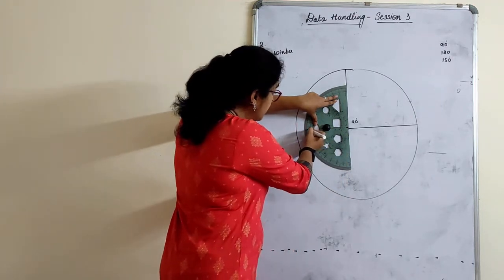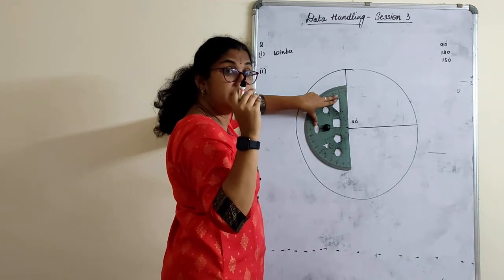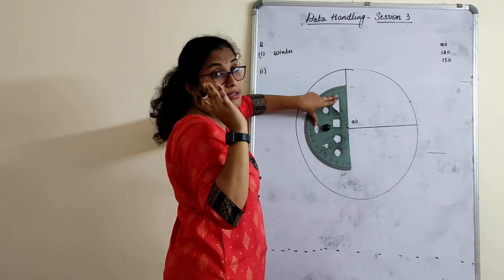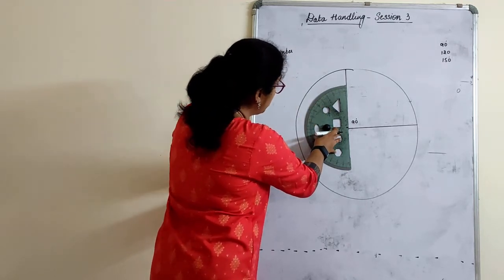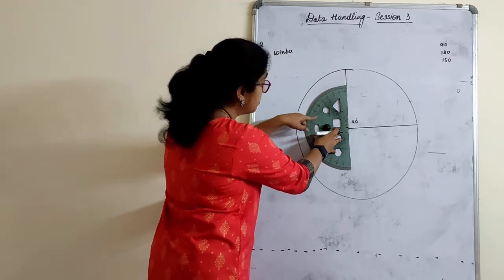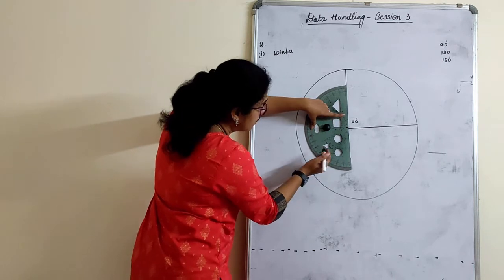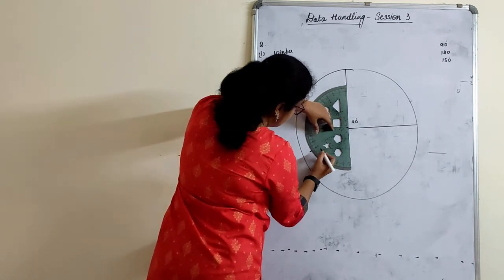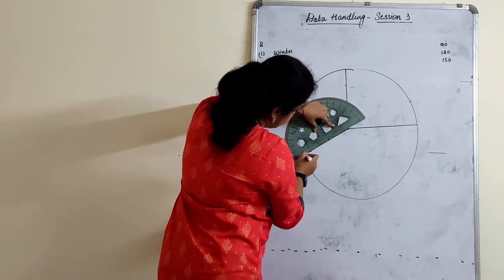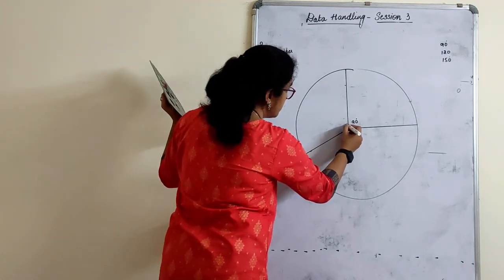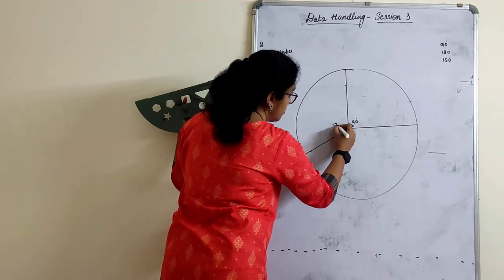It should come above 90, that you decide, because I have seen children always marking the obtuse angle wrong. In the protractor you have 120 here also, but this will become acute, that is 60 degree. See, this is 90, it should go beyond 90, so 120 will come here. This was 90, this is 120.